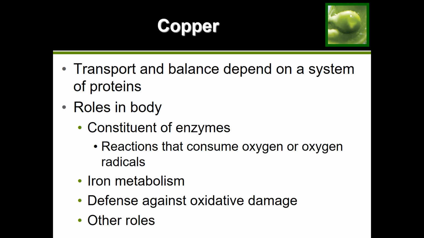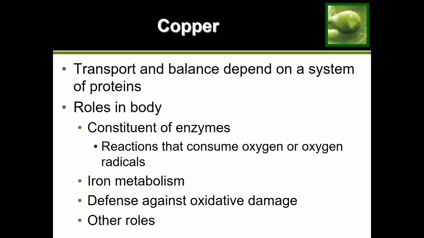The next mineral is copper, and copper relates to some of the minerals that we've already discussed. I had mentioned that copper also uses the same protein as zinc, and that was referring to the albumin protein. Copper gets transported by albumin just like zinc does. It also relates to iron because it helps iron bind to transferrin.